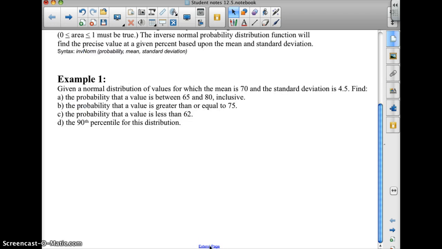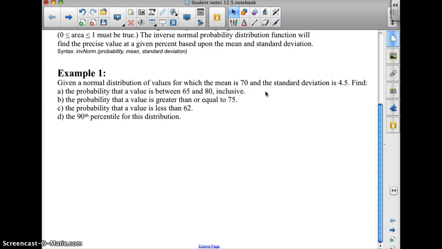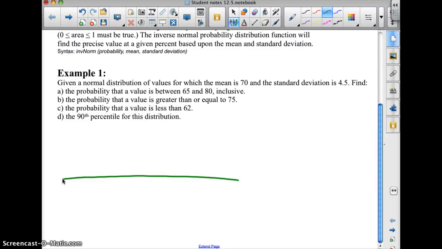Example 1. Given a normal distribution of values for which the mean is 70 and the standard deviation is 4.5, find the probability that the value is between 65 and 80 inclusive. Okay, so I've got normally distributed, and my mean is 70, and the standard deviation is 4.5.